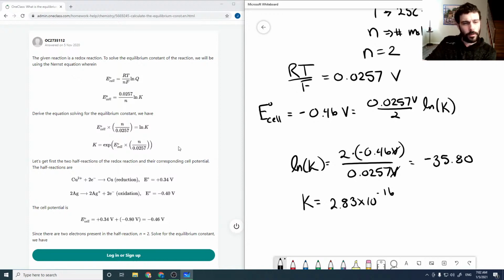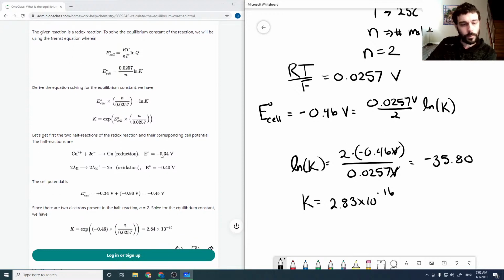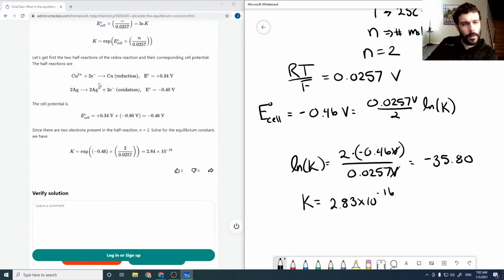So now we can check the solution here. The E naught for silver here is funny at negative 0.4, but then we can see in the calculation of the cell potential it's been fixed, so that's okay, giving us our E naught cell of negative 0.46 volts.